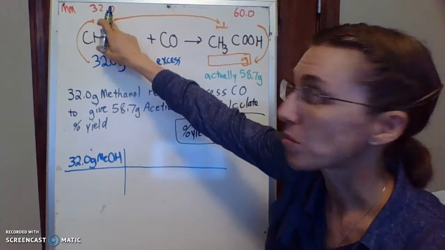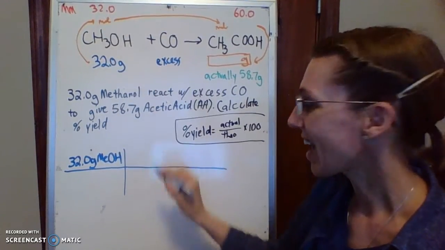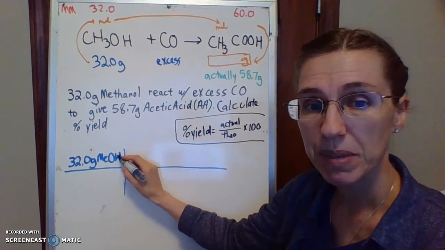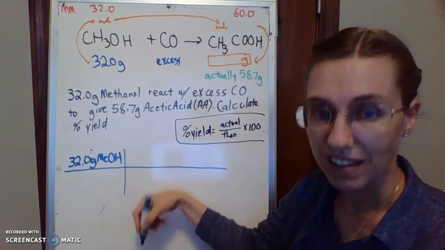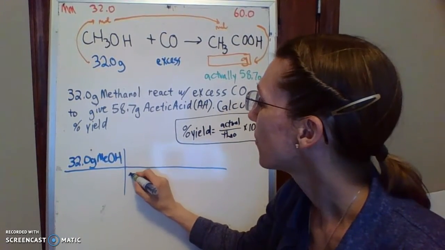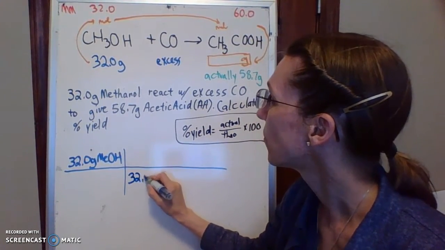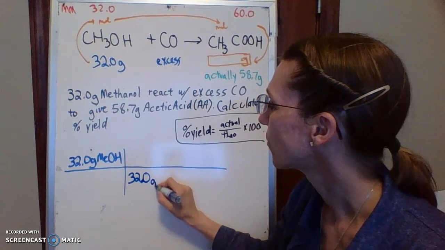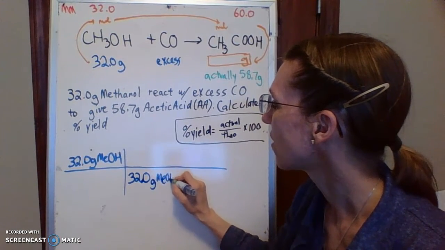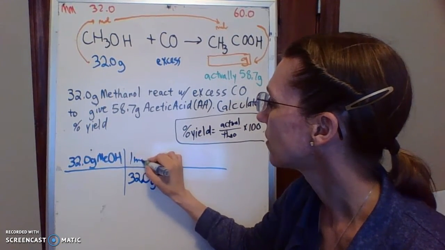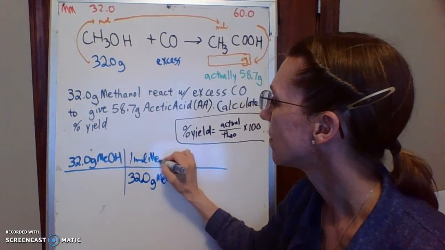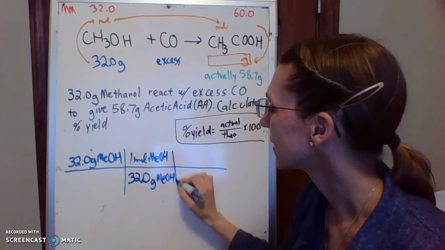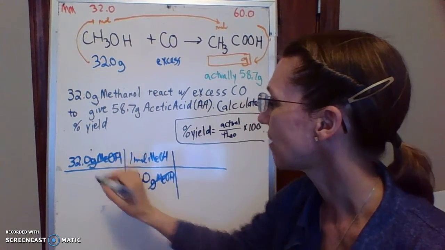And so here's our molar mass of methanol. And we've got grams on the top here, so where do grams have to go? They have to go in the bottom. So we end up with 32.0 grams of methanol per 1 mole of methanol. Our grams will cancel out.